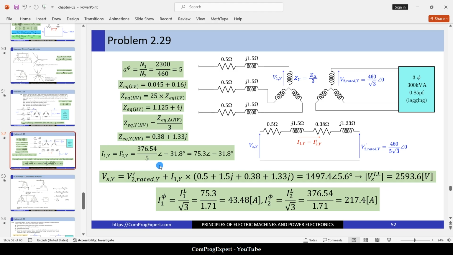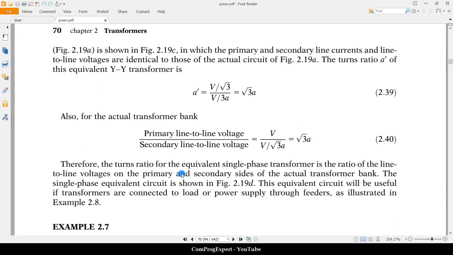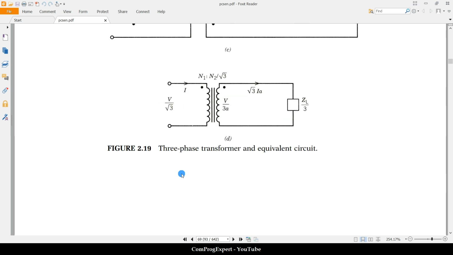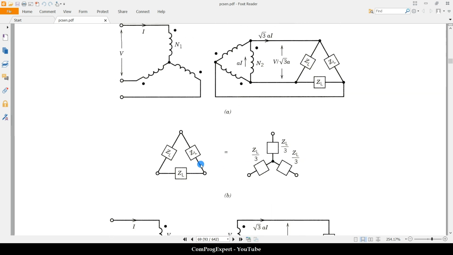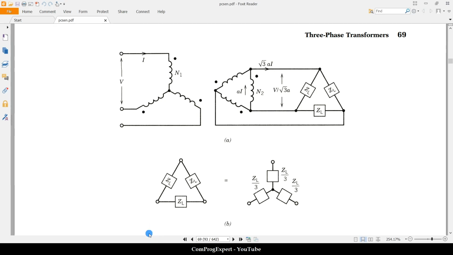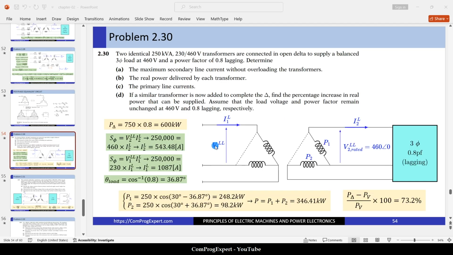Anyway, you can redo the calculations and review this problem, how we derive the per phase equivalent model by these transformations, and then how we can solve and calculate the line to line quantities. Anyway, let's go for the next problem.